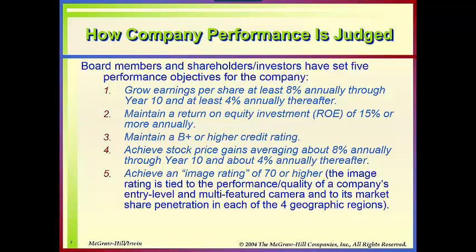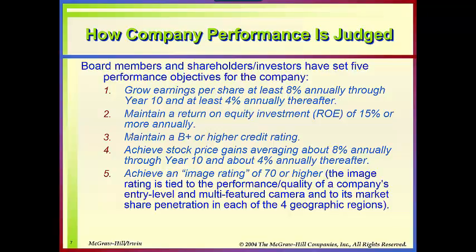So for those first 4 years, you want to grow your earnings per share by at least 8%, and then after that, you want to grow them by 4%. Each round of the game, you want to maintain return on equity or return on investment of 15% or more. You want to maintain a B+ credit rating or higher. You want to improve your stock price by 8% annually for the first 4 years, and then 4% thereafter, just like with your earnings per share.